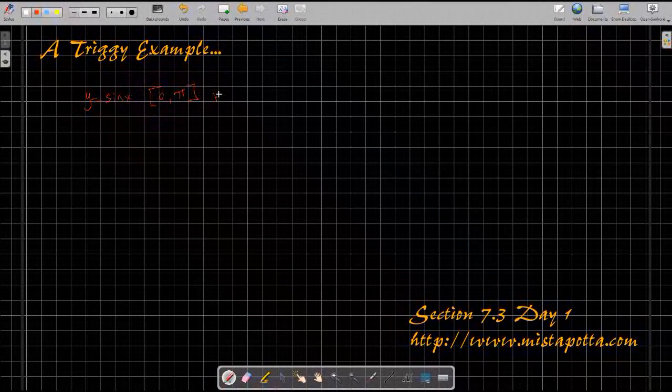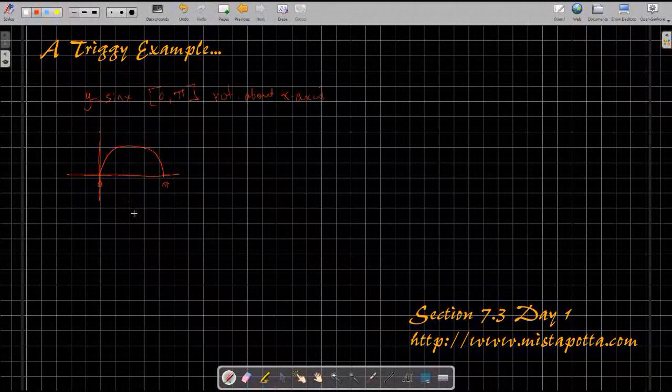And again, I'm rotating about the x-axis. Now, I know that my graph of sine goes up to 1 and then back to 0 on the domain from 0 to pi.